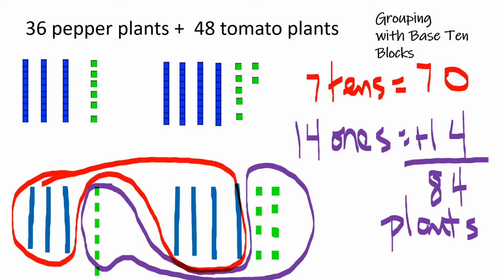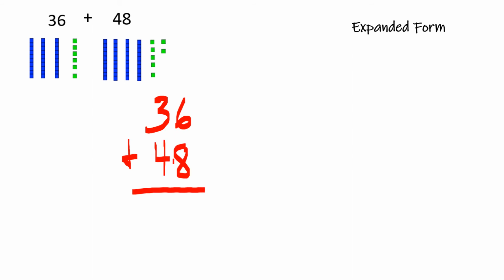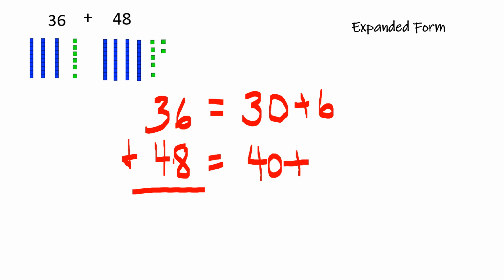Let's see if there's another way. You might have started by writing the problem 36 plus 48. And then using expanded form to solve it. I know that 36 can be decomposed into 3 tens, which is 30, plus 6 ones. And I also know that 48 can be decomposed into 4 tens, or 40, plus 8.